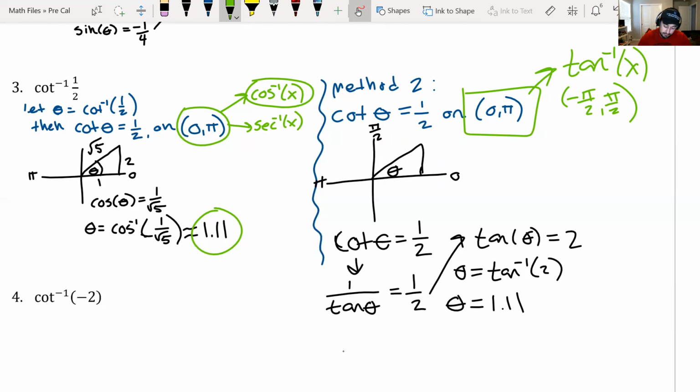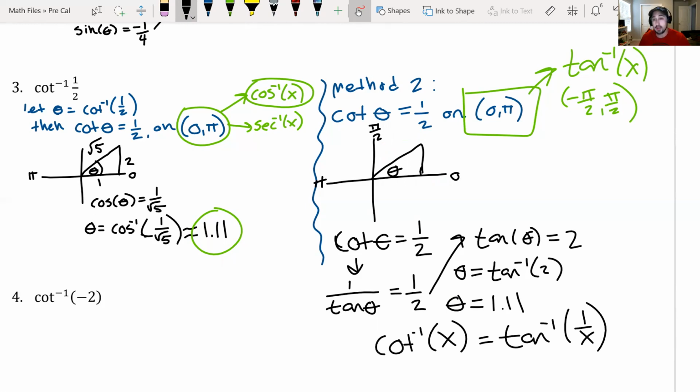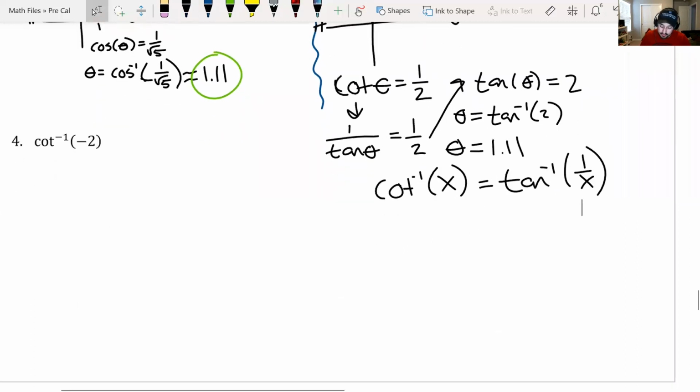So with that being said, we now have a new formula. It is inverse cotangent of x is equal to the inverse tangent of 1 over x. But this can only happen if x is positive. That's our only restriction on this.